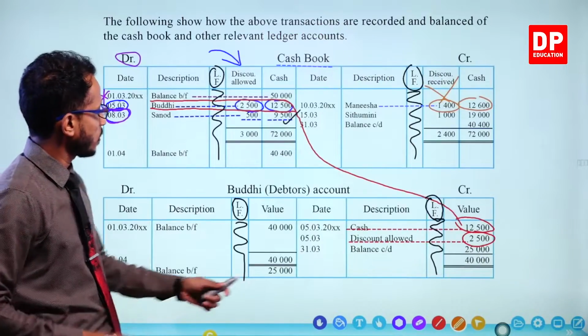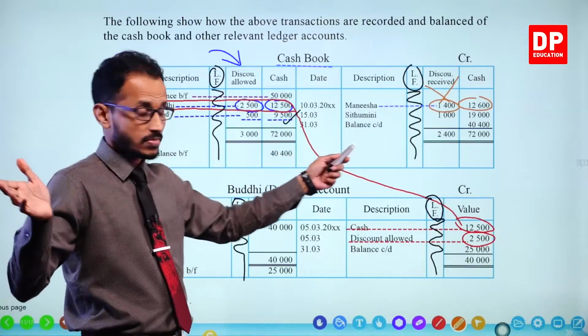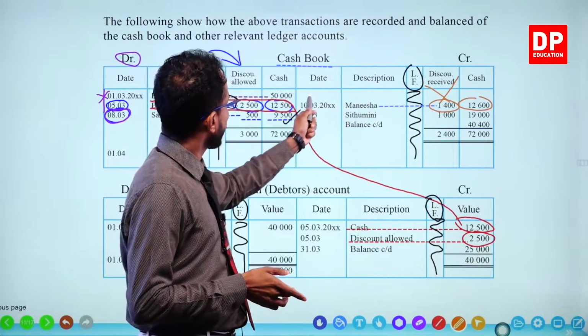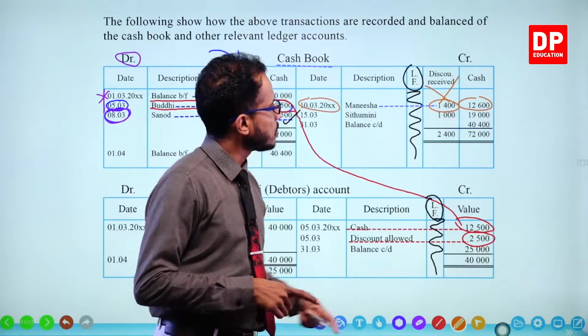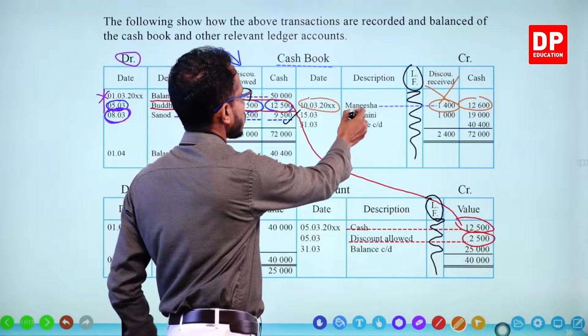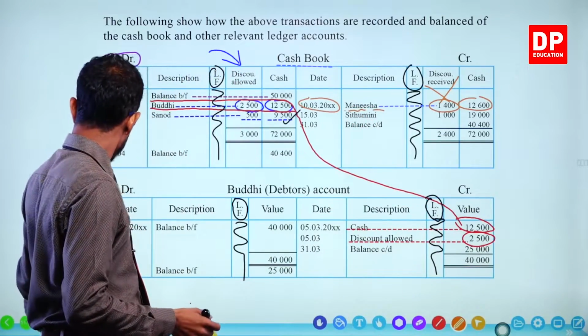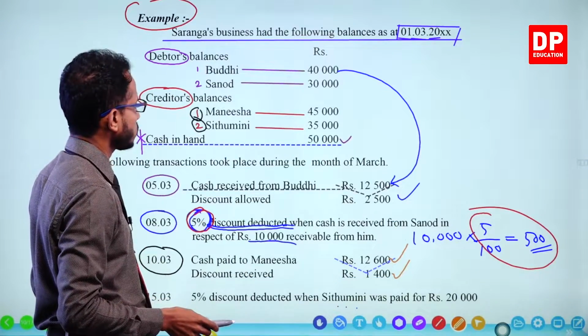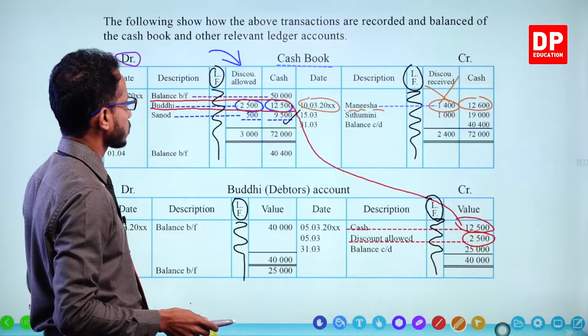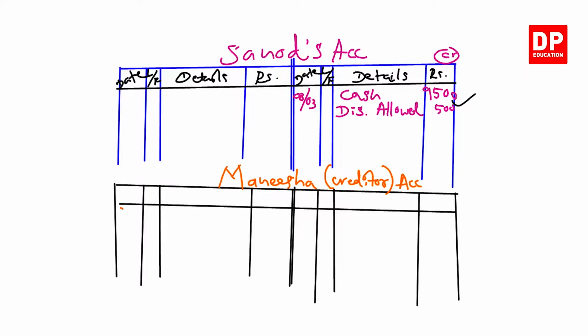So nothing to worry about. If it is in the credit side of the cash book, it should be in the debit side of Manisha's account. Okay, check the date, 10th March. Cash 12,600.